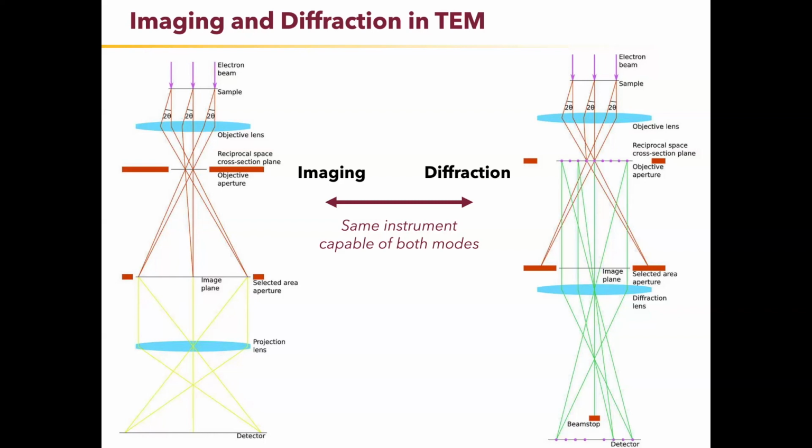So if you're looking at an FEI or a Thermo Fisher microscope, there's a button that says diffraction mode, and you push that, and what it does is it projects the diffraction pattern onto the detector rather than the image plane. And so you can collect diffraction patterns and sort of swap back and forth from imaging mode to diffraction mode, which is actually very useful when we're talking about collecting MicroED data.